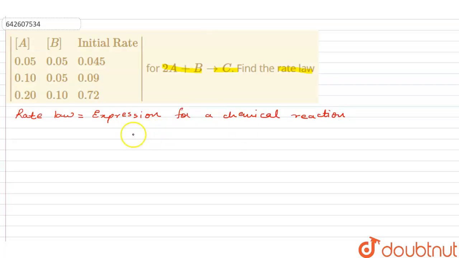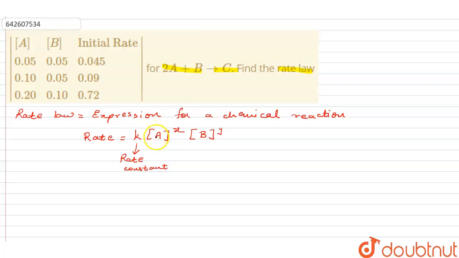It could be expressed as follows. It is normally written as rate is equal to K into concentration of A raised to X into concentration of B raised to Y. So K is nothing but the rate constant.